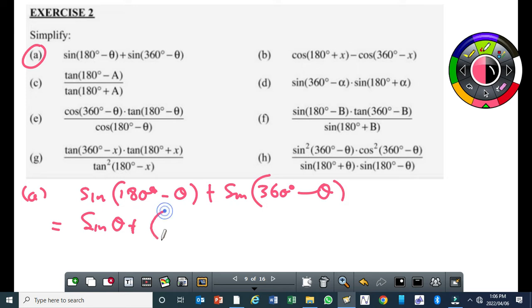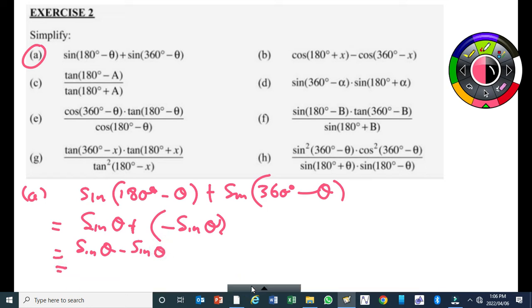So this will become plus minus sine of theta, which will give you sine theta minus sine theta. And the answer will be 0. Okay? Please be aware, theta is acute, between 0 and 90 degrees. Okay?